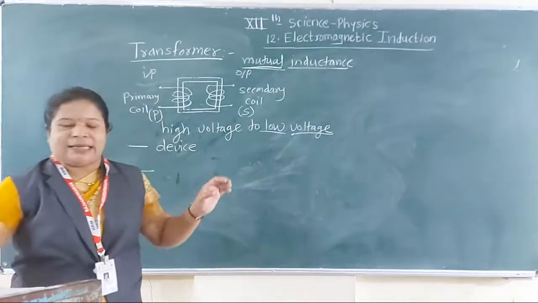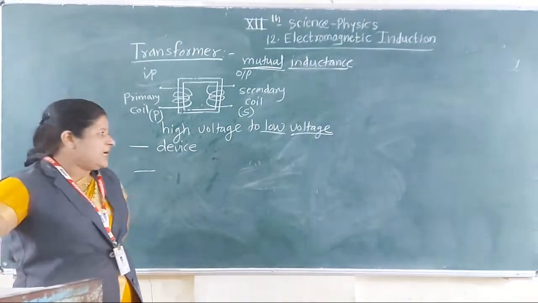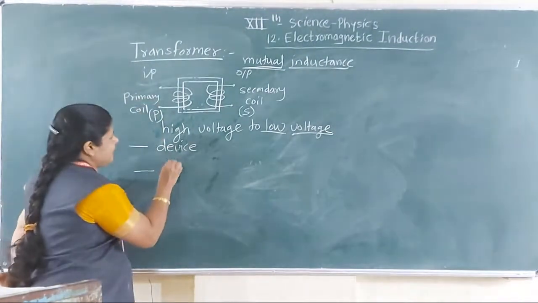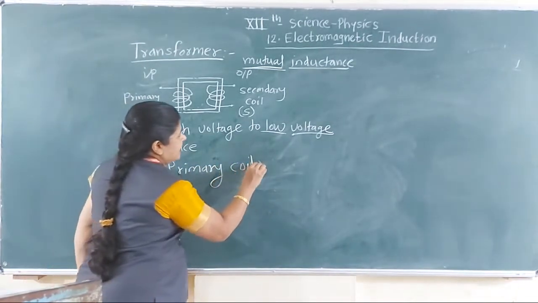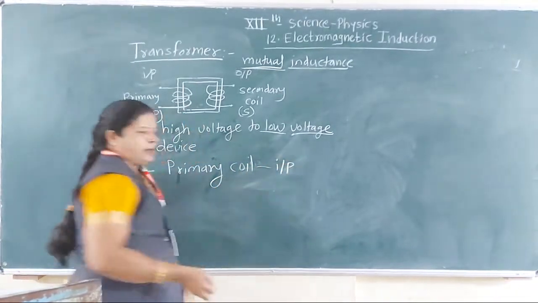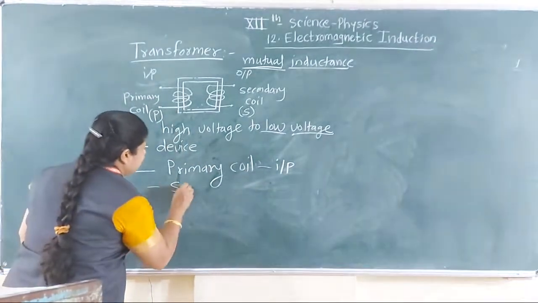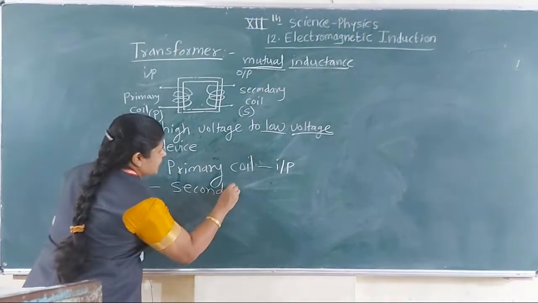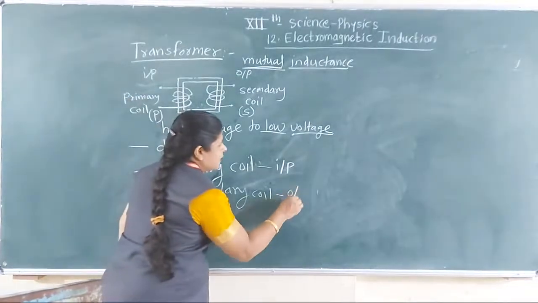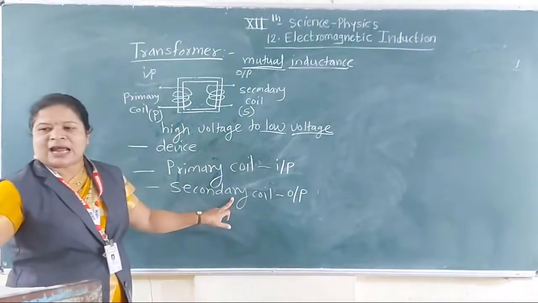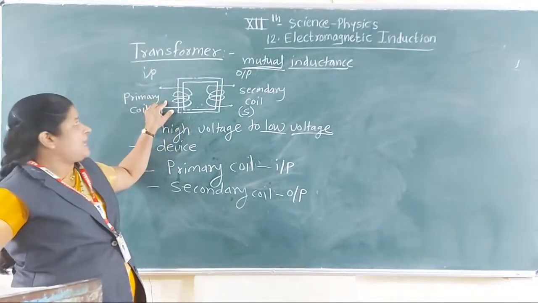Now, I told you that the primary coil we call the input of the transformer, and the secondary coil of the transformer we call the output of the transformer.